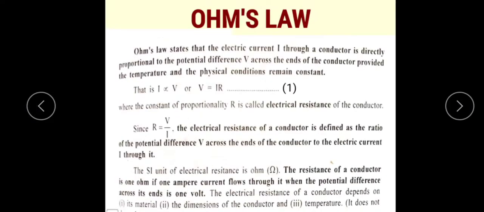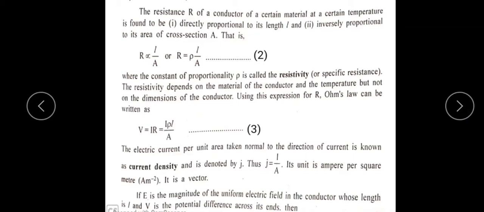As per the second factor, the dimension of the conductor, the resistance also depends on dimension. How? See, the resistance R of a conductor of a certain material at a certain temperature is found to be directly proportional to length. This is a dimension.